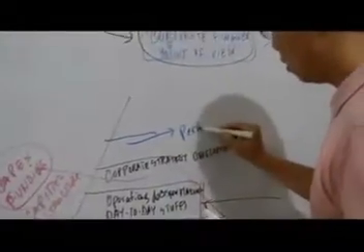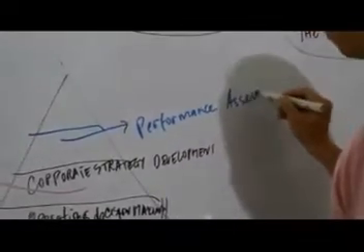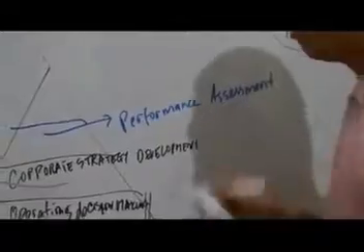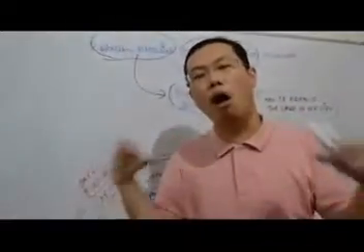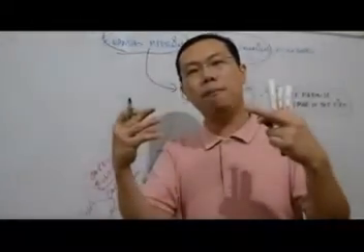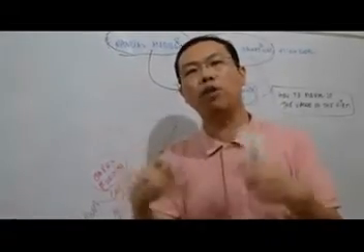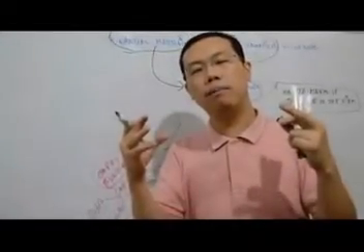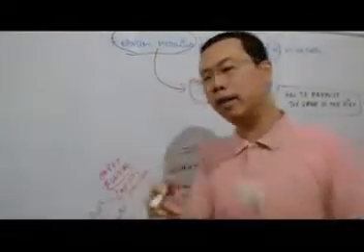On the third level, what I call performance assessment. Don't forget, all people that come to the company, you need to offer something to them, and basically we are all driven by what I call incentive.